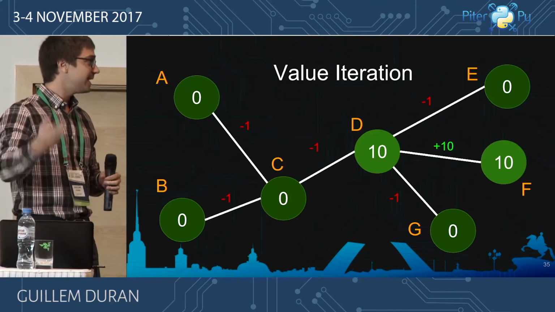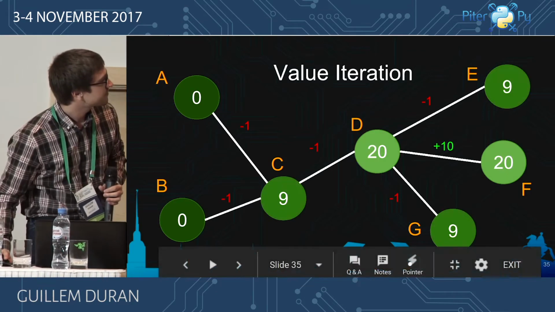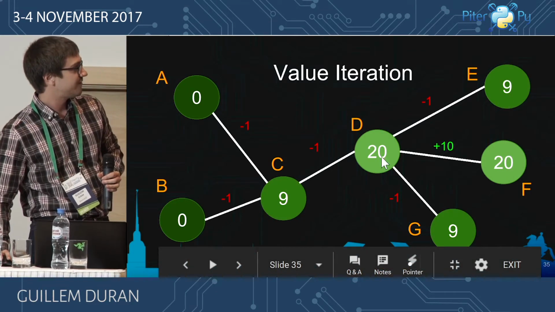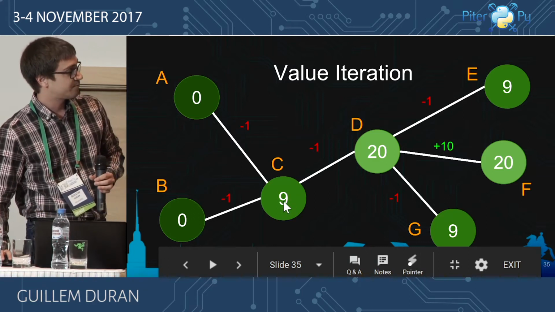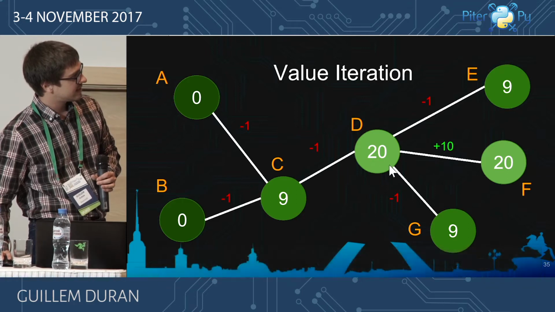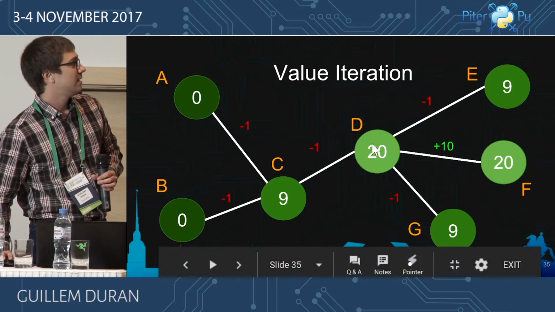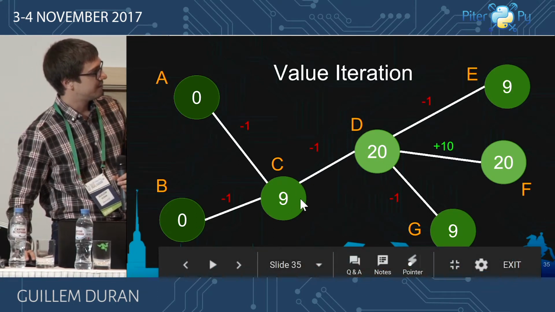Now we iterate again through all the states and see how this value function is propagating. Because now, when this was formerly 0, it looks at its neighbor and sees that it has 10 points here, which is the maximum. 10 points minus 1, which is the reward to get there. You end up with 9 points here.